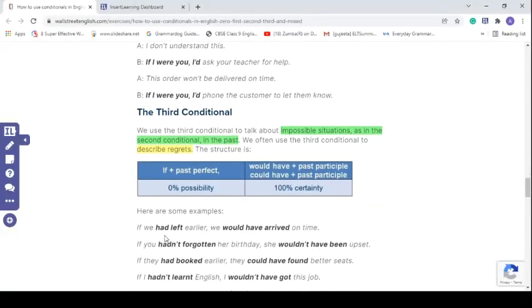Let's see. If we had left earlier, this is past perfect, we would have arrived on time. If they had booked earlier, see the past perfect, you are regretting it, they could have found better seats. So when you regret, you use the third conditional with this structure.